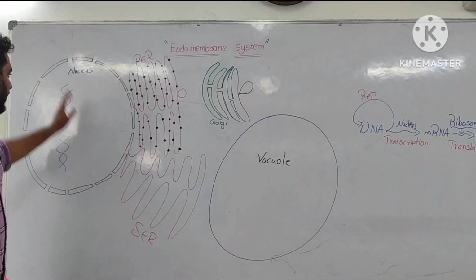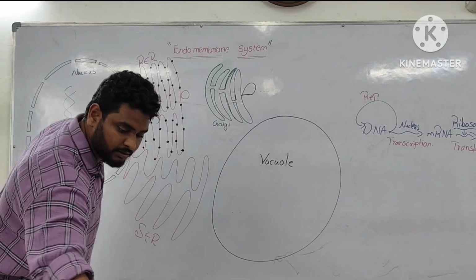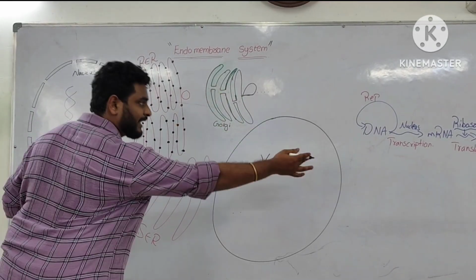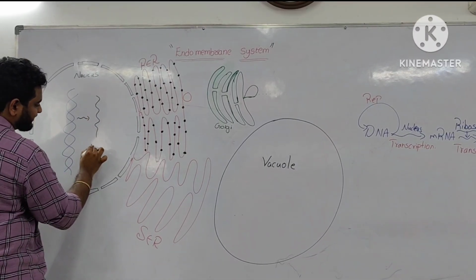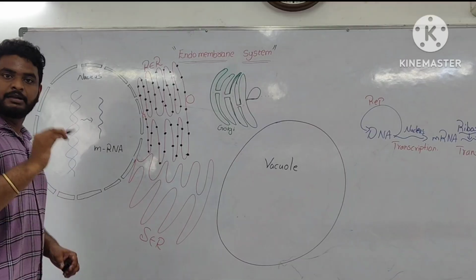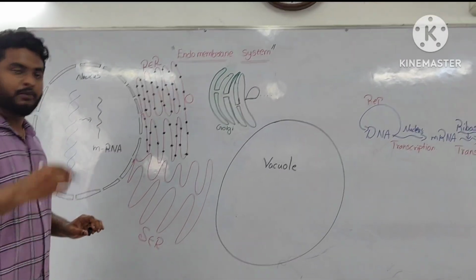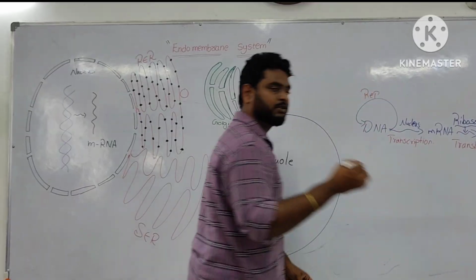Inside the nucleus, you have the double helical DNA molecule. From the double helical DNA molecule, by a process called transcription, you can produce mRNA. What is this? This is our so-called mRNA. Right. Now, what has to happen to this particular mRNA? It has to get converted into structures called proteins.